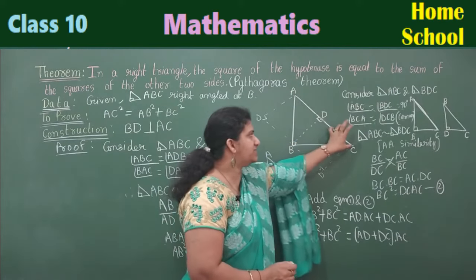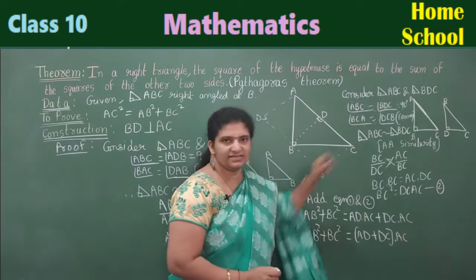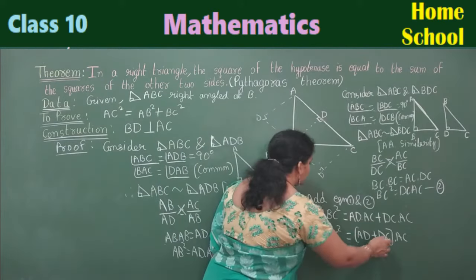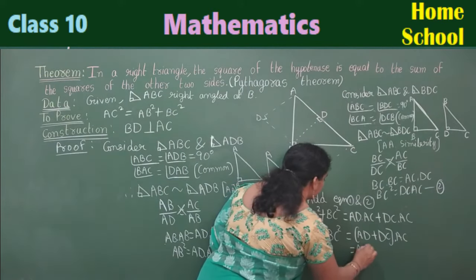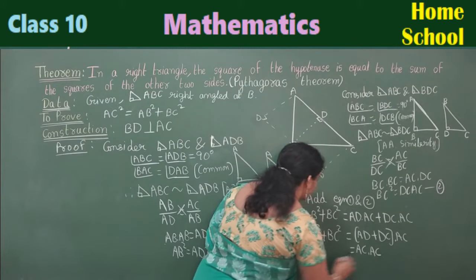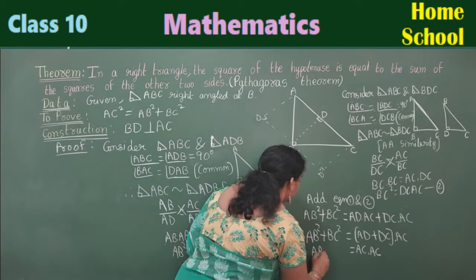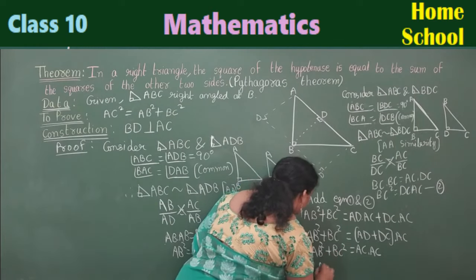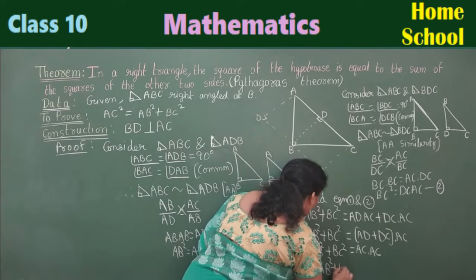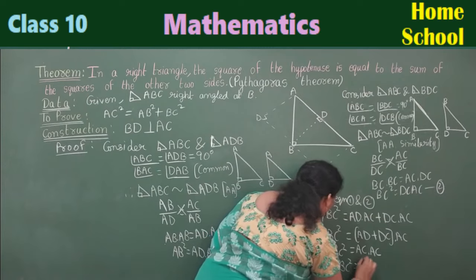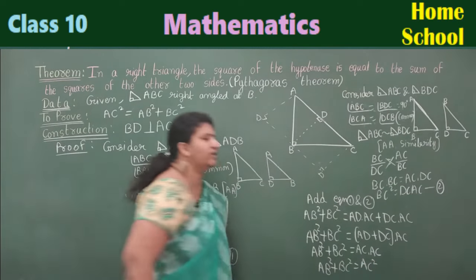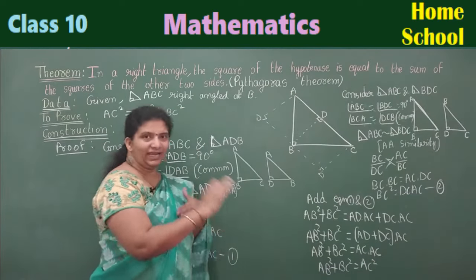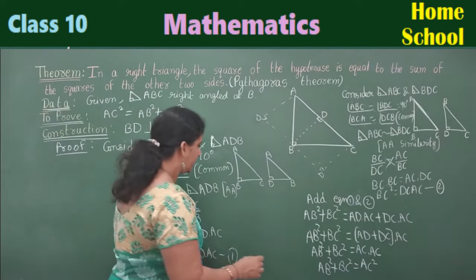So in this, substitute AC for AD plus DC. AC into AC will be AC square. Finally, AB square plus BC square is equal to AC square. If you want, you can reverse the equation any time.